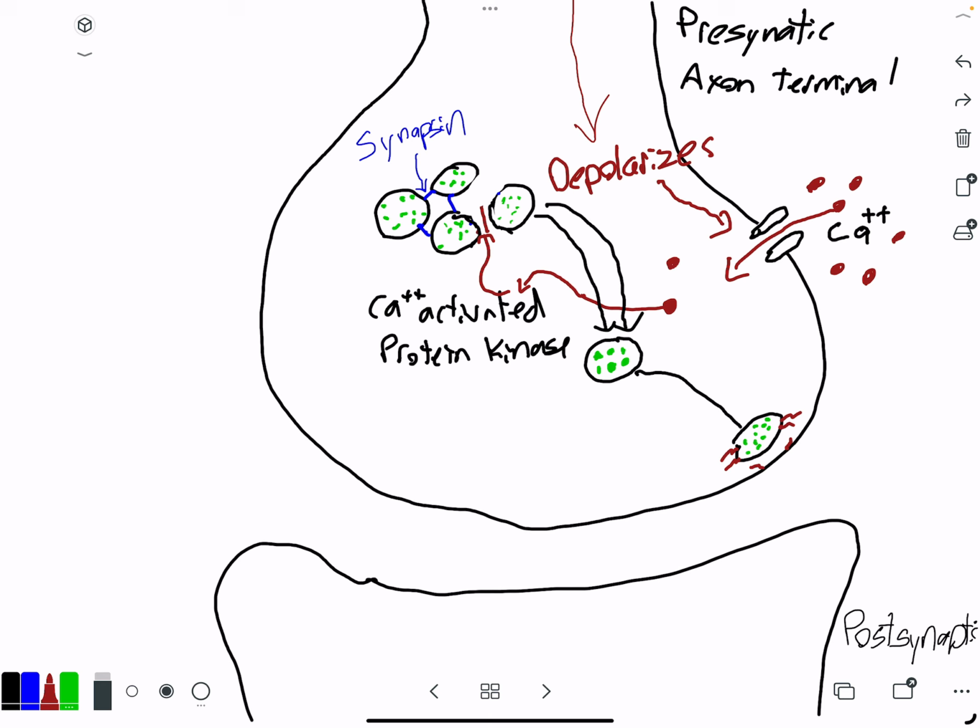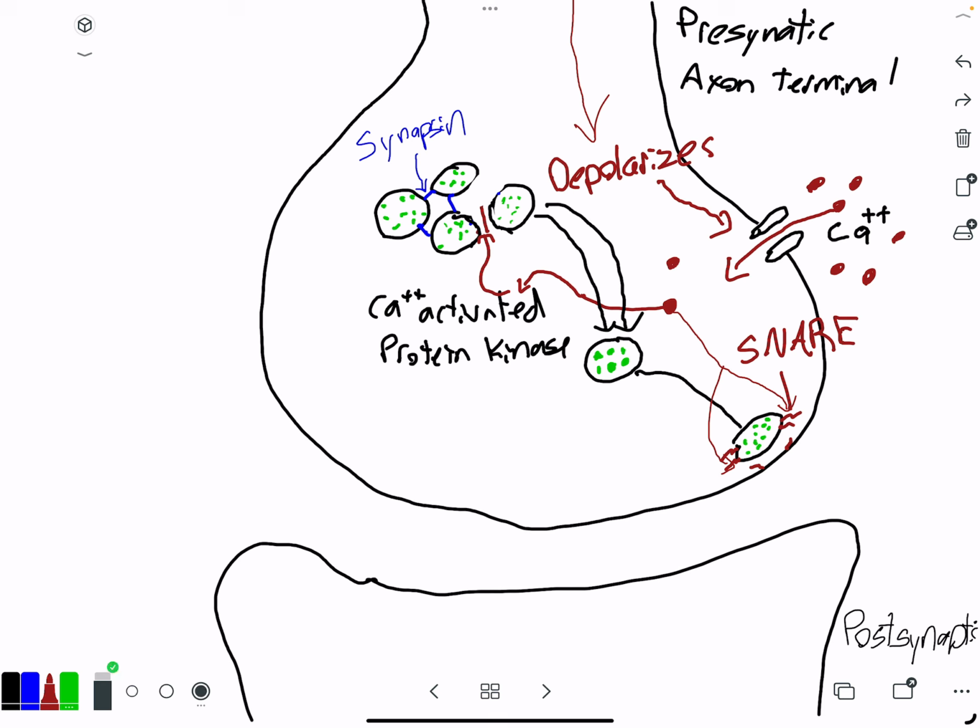These are called SNARE proteins, and we'll get into these in more detail later. So calcium is not only breaking up the synapsin-vesicle complex via protein kinase, but it also interacts with these SNARE proteins here.